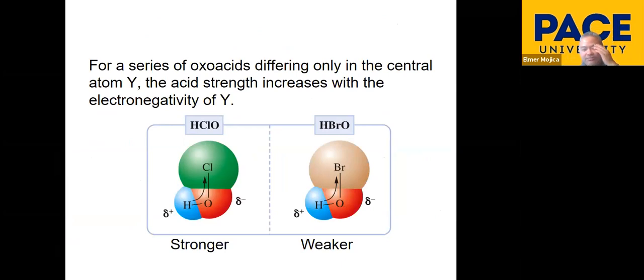Now, another thing that we can look at: we said that the more O that you have there, the stronger the acid. Another thing that we have to know is the Y element, the halide element.